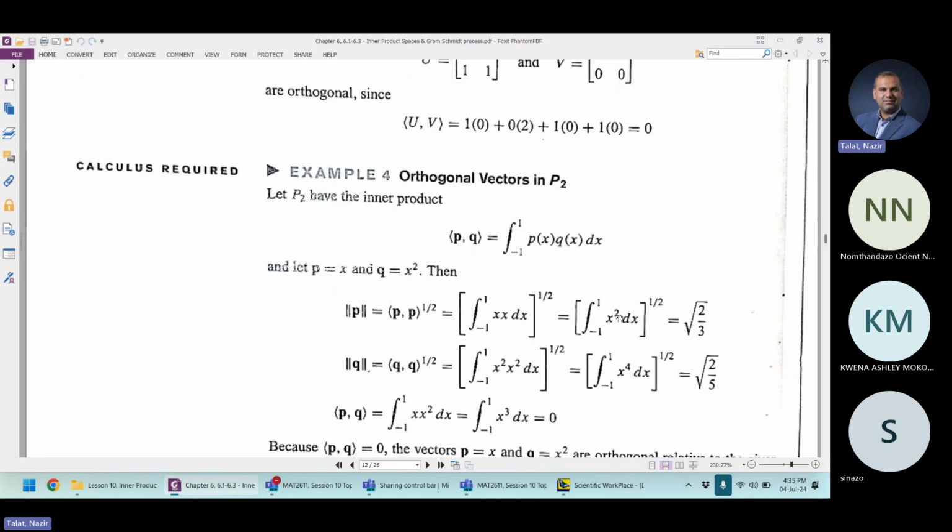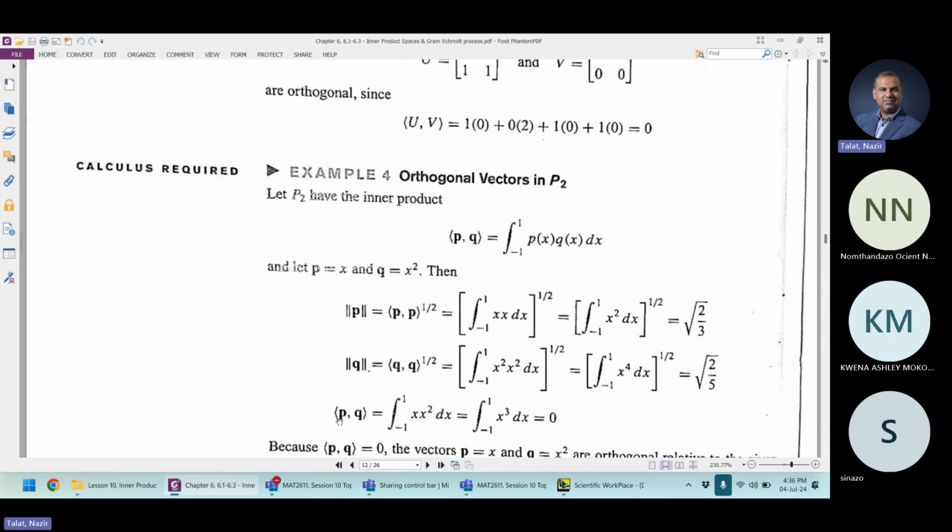If you integrate x square, it becomes x cubed by 3, and putting in the upper limit minus the lower limit, it becomes 2 by 3, with the whole square root on top. Similarly, the norm of q is the square root of 2 by 5.